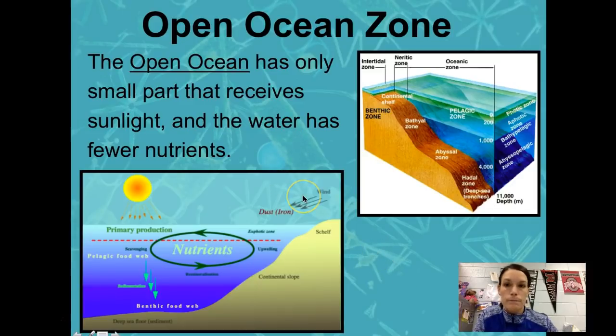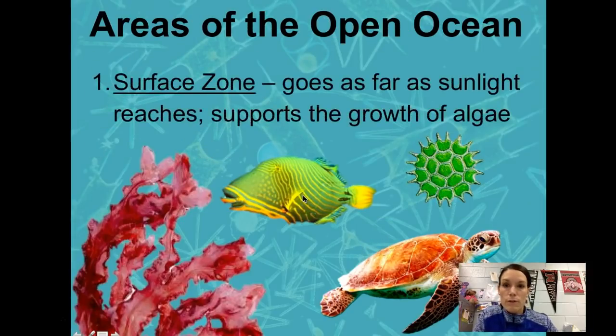The first one is called the surface zone, and in previous notes, we talked about this being called the photic zone as well. Photo meaning light, so this is going to take in sunlight. It's going to be able to grow algae and phytoplankton.